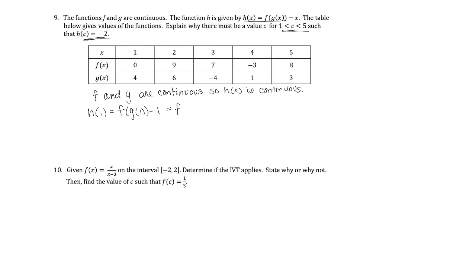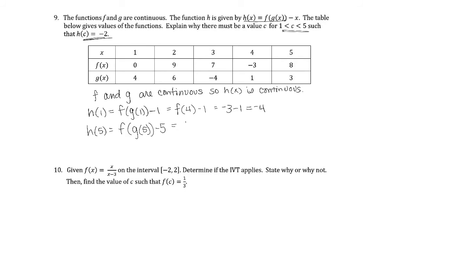So g at 1 is going to be 4. And so now f at 4 is going to be -3. So -3 minus 1 is -4. And now let's look at h at 5. So that's f of g of 5 minus 5.